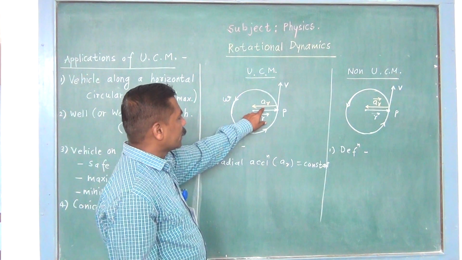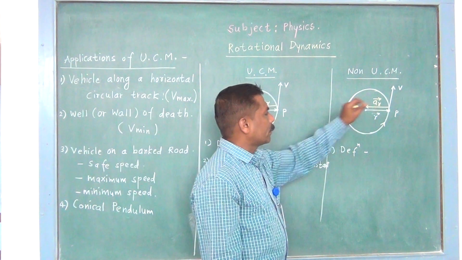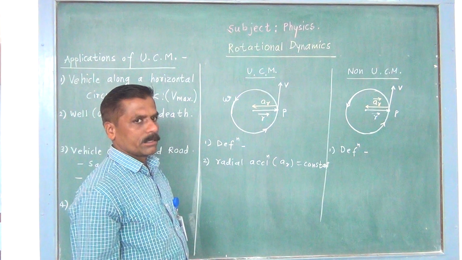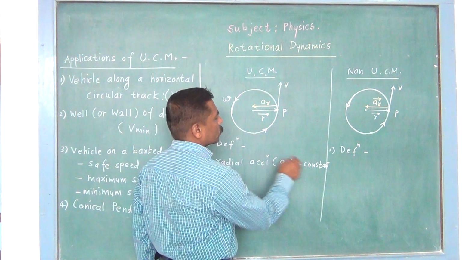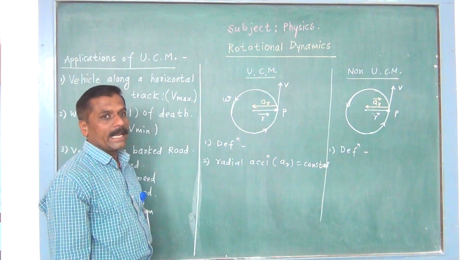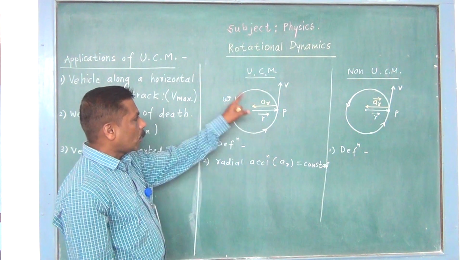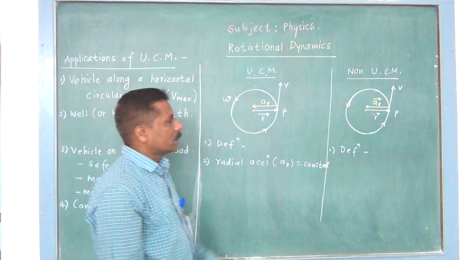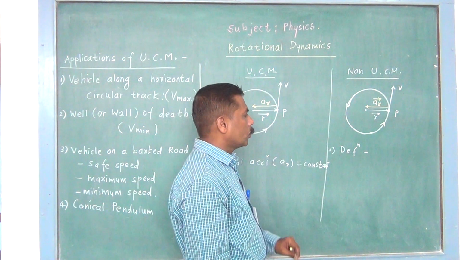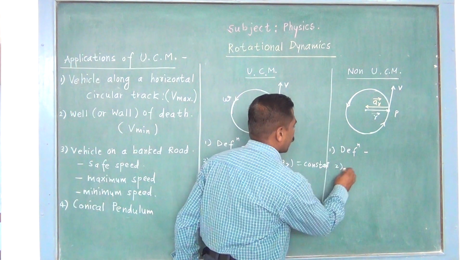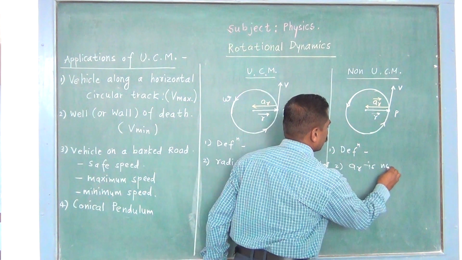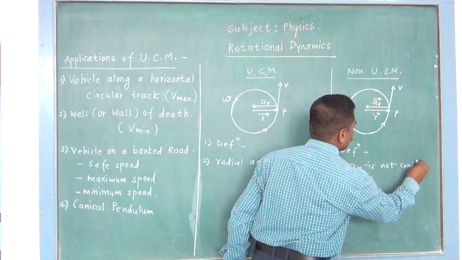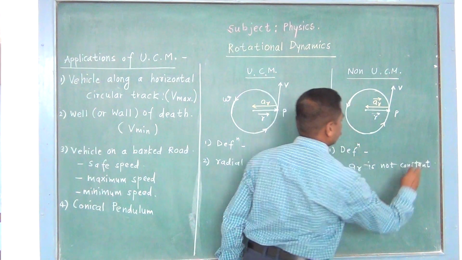So here it is also the radial acceleration, here it is also the radial acceleration, in both cases. But here radial acceleration is constant, because speed is constant. Here speed is variable, so you will find the value of radial acceleration is not constant.